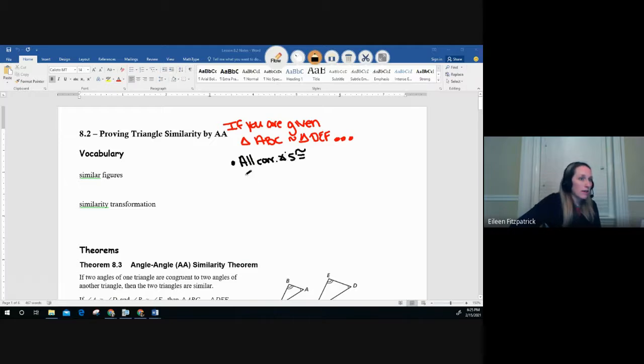So we could say that angle A is congruent to angle D, and angle B is congruent to angle E, and angle C is congruent to angle F. And then we know the sides are proportional.